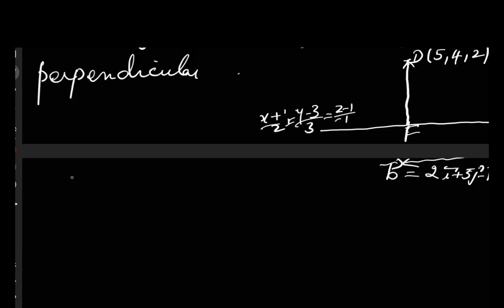Here we know D is (5, 4, 2). And what about F? F is a point on the line, so what are the coordinates of F? Let this ratio be equal to t.